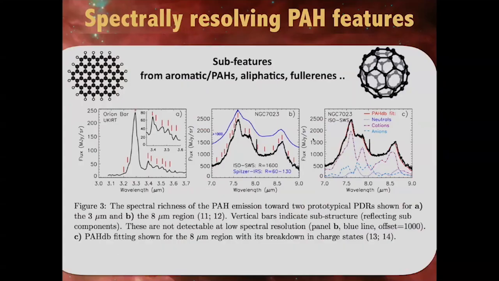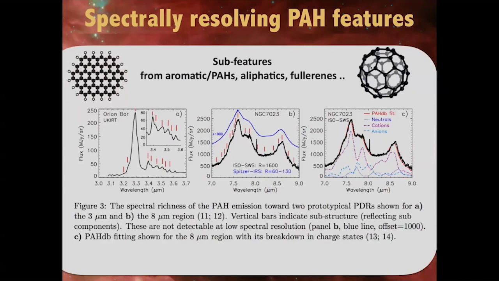In addition to this high spatial resolution, JWST also provides spectral resolution. If you look at the middle panel of this figure, you can see in black the ISO-SWS spectrum of one of the main PAH features at a resolution of 1600.